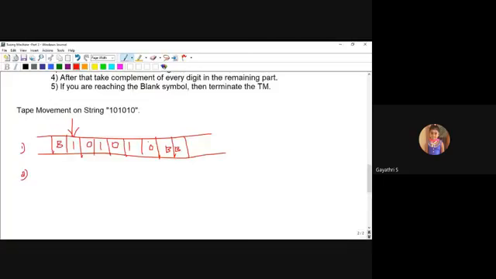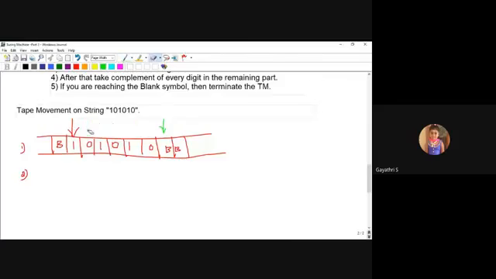I move step by step without making any changes on the string, and eventually I reach the blank symbol, the ending point. Once I reach the blank symbol, I have to make one step left.